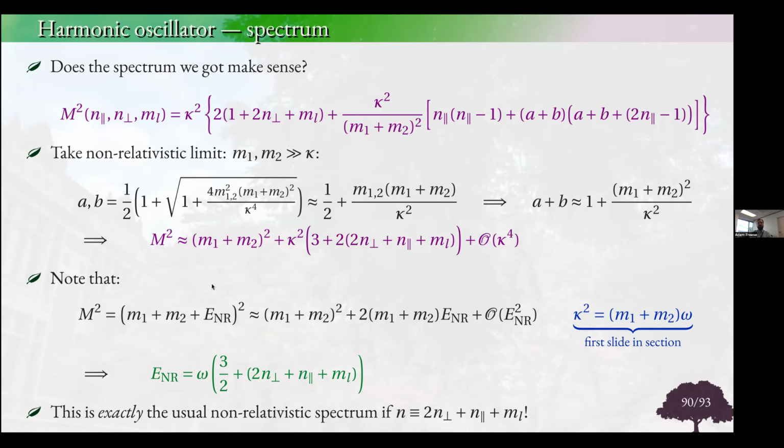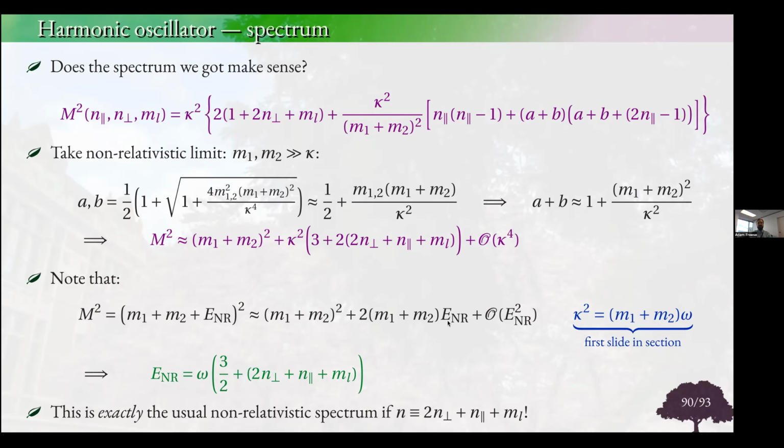Now, if we recall that the masses are considered part of the energy relativistically, so when the system's at rest, the mass squared of the system is the sum of the masses plus what you call the non-relativistic energy.